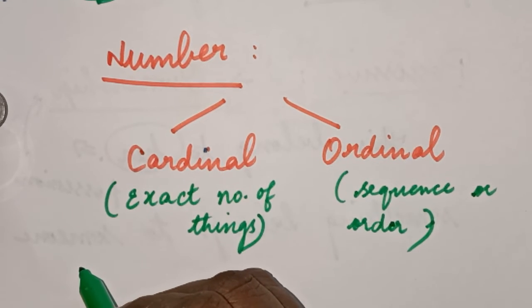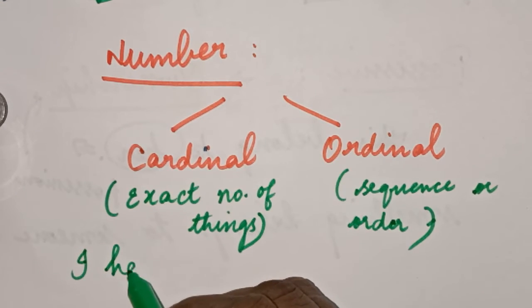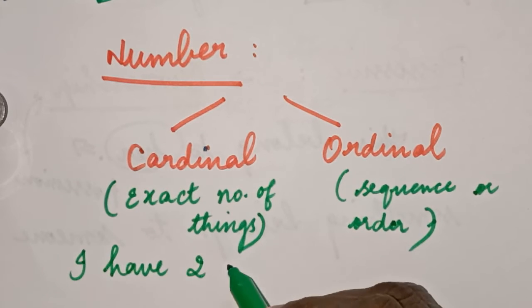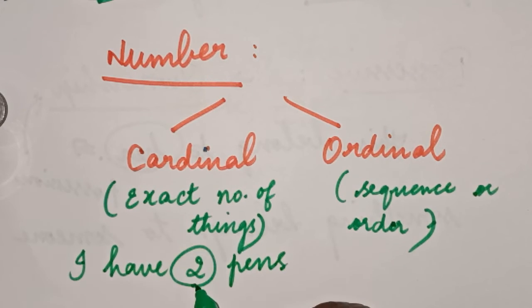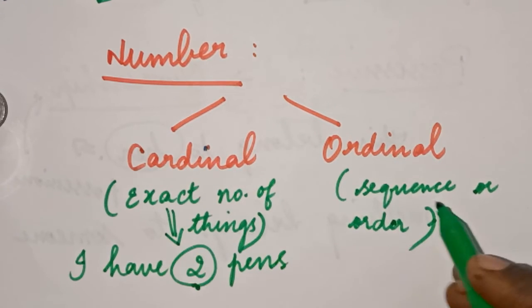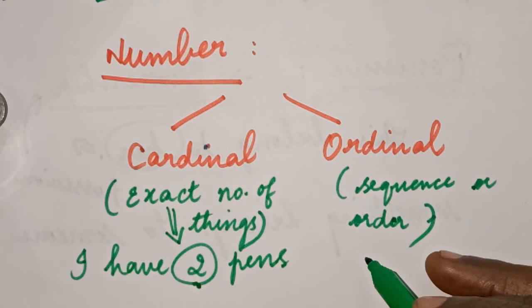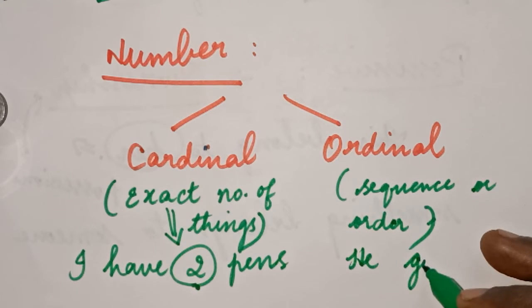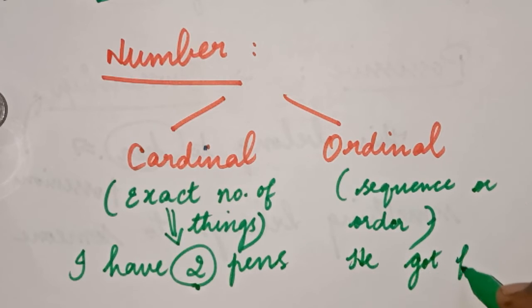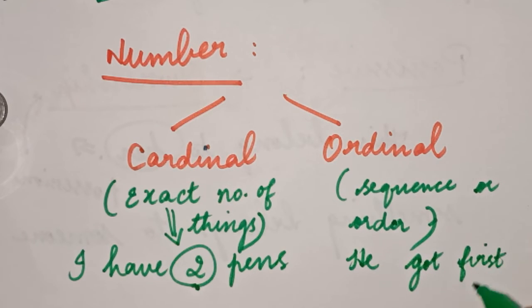For example, I can say I have 2 pens. How many pens do I have? I have 2 pens. So this is the exact number. And sequence is, for example, he got the first prize. Which prize did he get? He got the first prize.